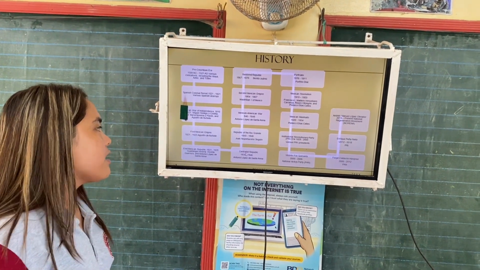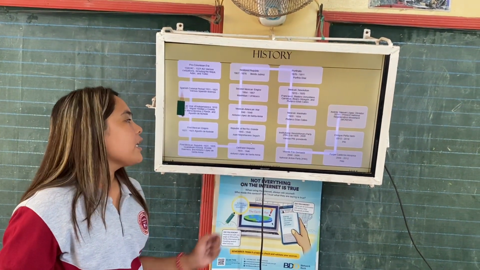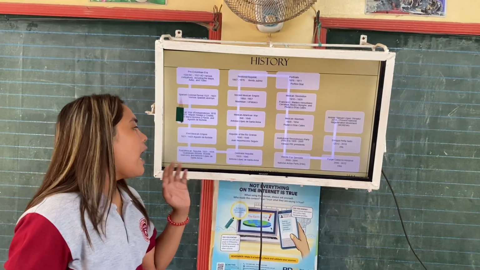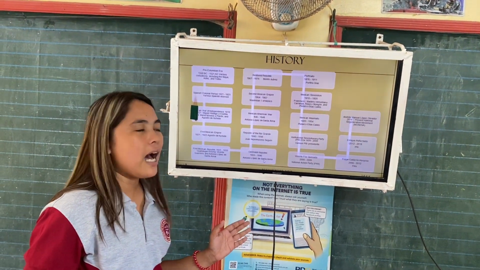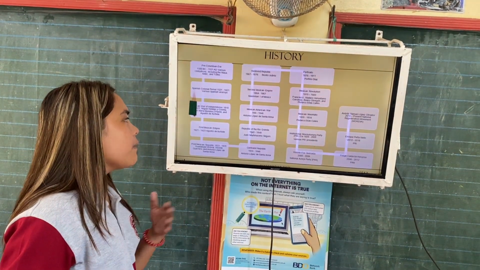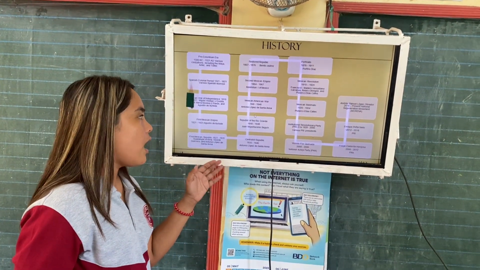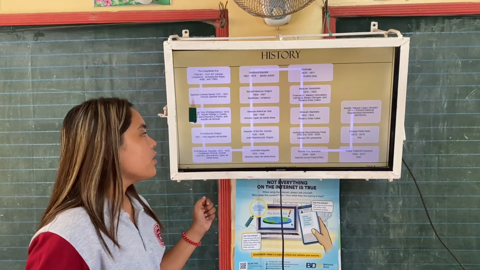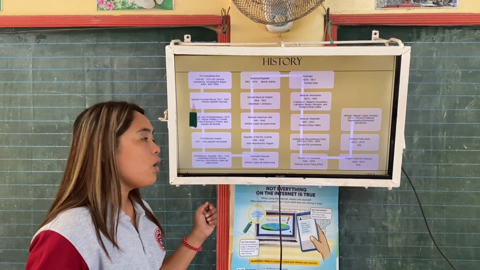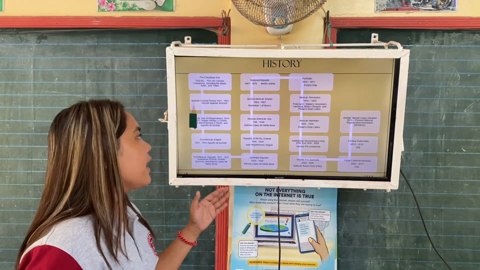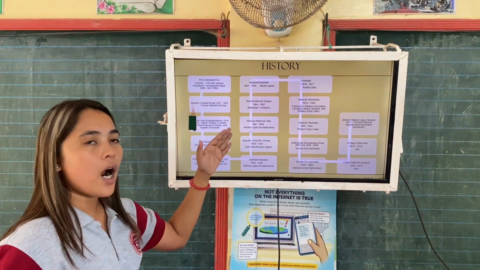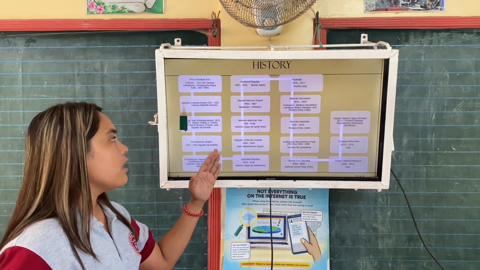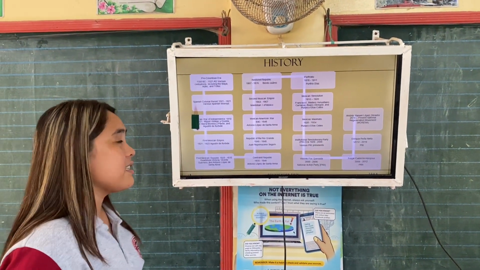And then followed by the Centralist Republic, year 1835 to 1846, which is Antonio Lopez de Santa Anna. And then the Republic of the Rio Grande, this year 1840 to 1848, the leader is Juan Nepomuceno Molano. And then the Mexican-American War happened in the year 1846 to 1848. The leader was Antonio Lopez de Santa Anna.